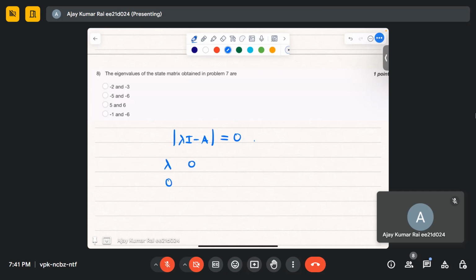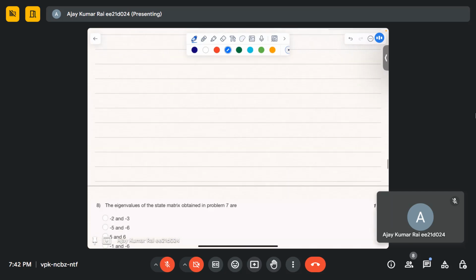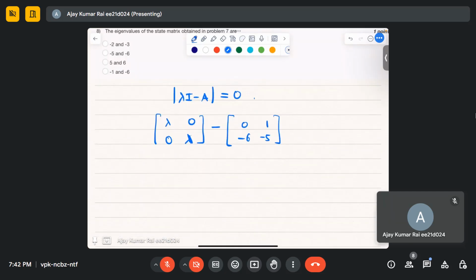So this is the identity matrix multiplied by lambda. So it's like this, and you're just multiplying lambda. So I'll just write lambda here, minus A, which is 0 1 minus 6 minus 5, equal to 0.